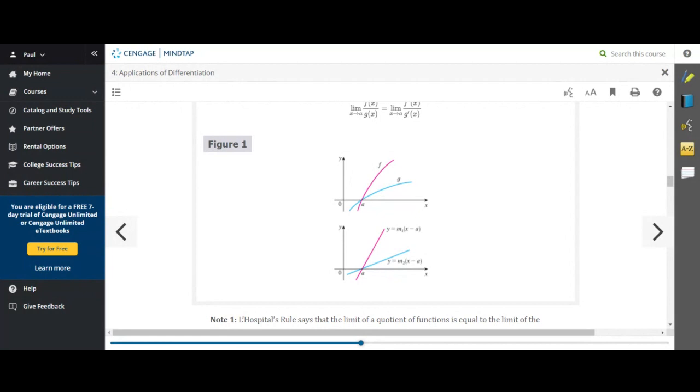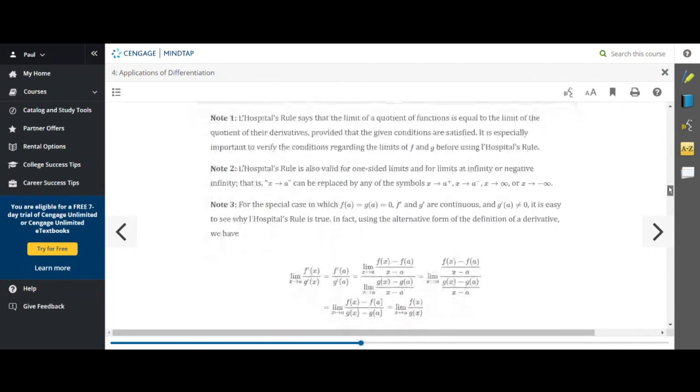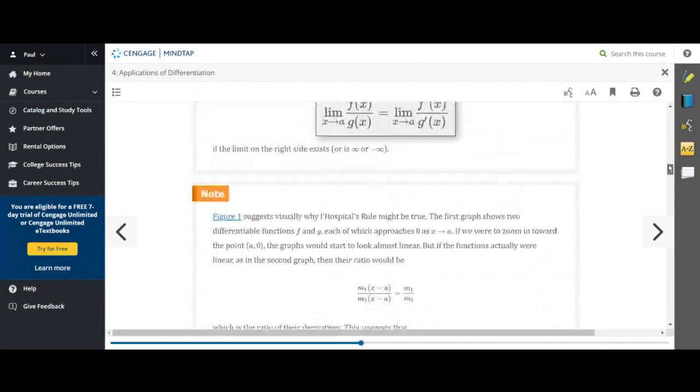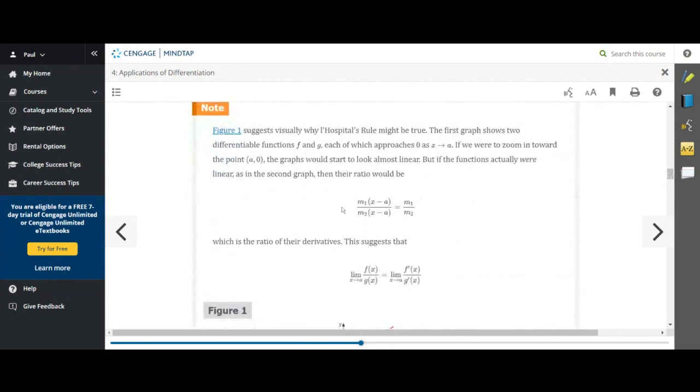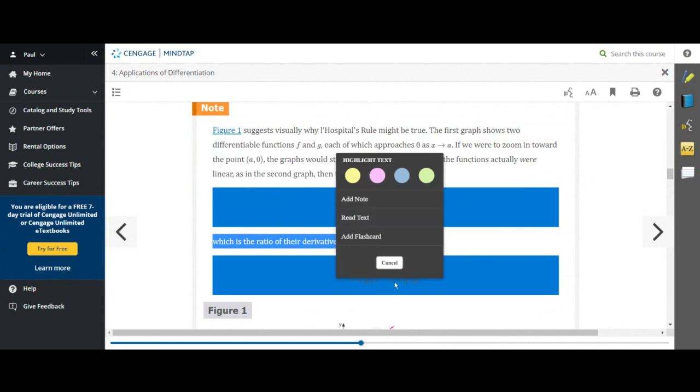So f divided by g is the same as the ratio of those two tangent lines, right? It's the same as the ratio of those two tangent lines. Well, what happens then? If we, hold on here. Yes, this is what I want right here.